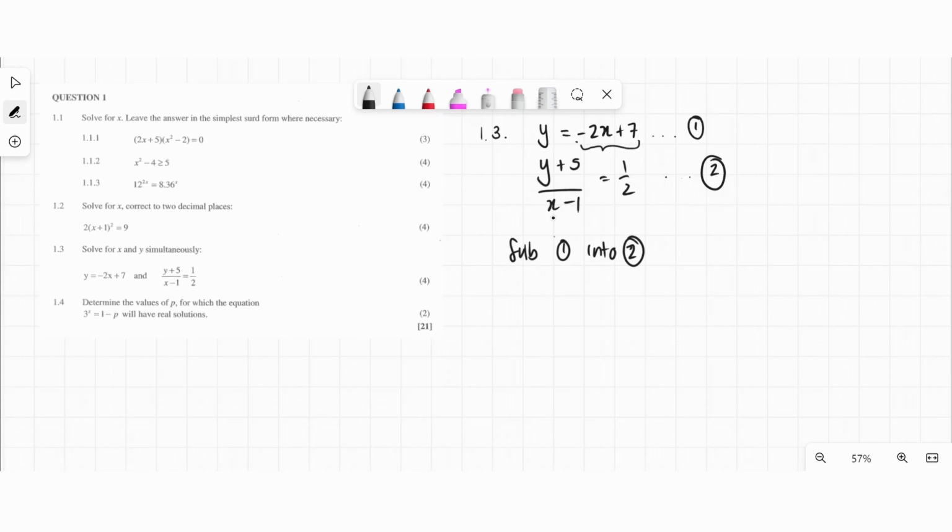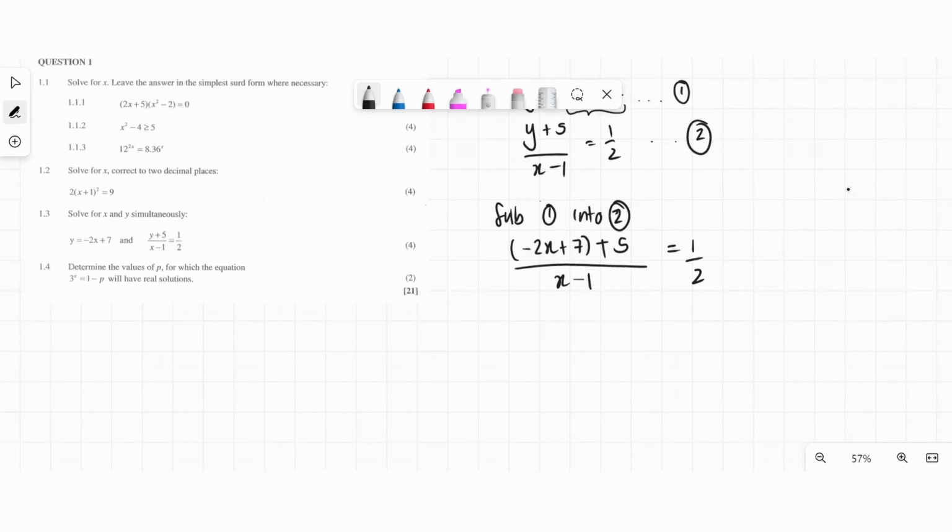So I'm going to say open bracket negative 2x plus 7 close bracket plus 5 divided by x minus 1 is equal to 1 over 2. To see the fact that you're actually moving in the right direction, everything after substituting needs to be in terms of one variable. In our case, it's in terms of just x, right?